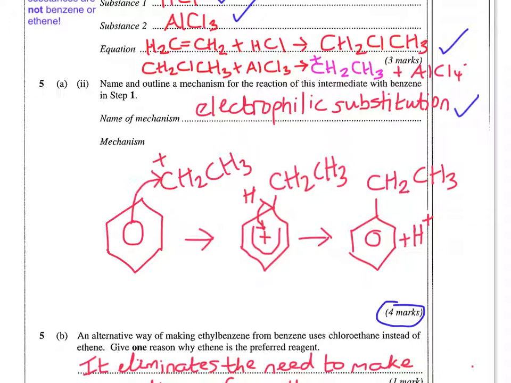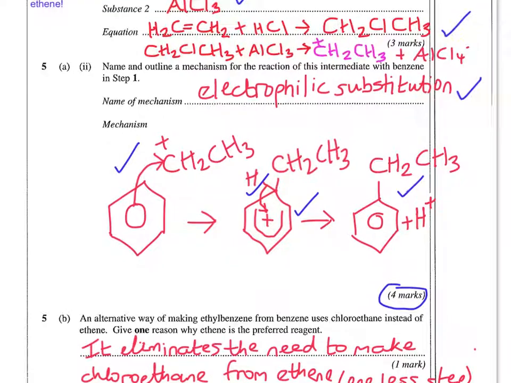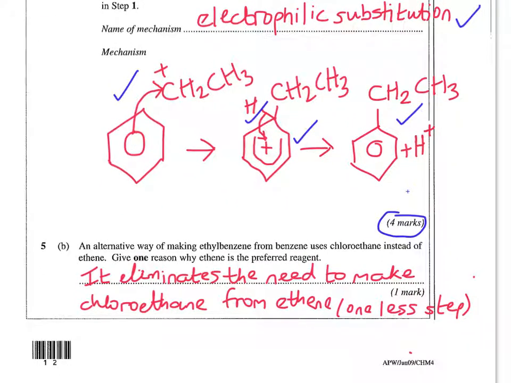So, 1 for your curly arrow, 1 for your structure, curly arrow again, and correct products. And down here, a sense that you understand that by reducing one step in the process, you're making it cleaner and more efficient industrially.